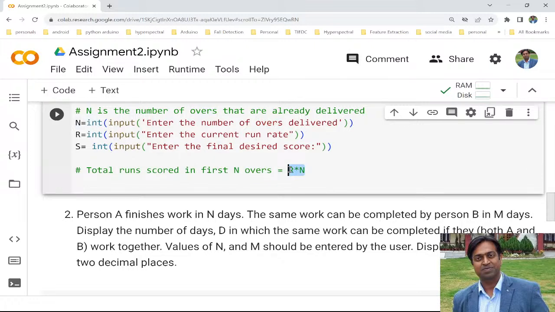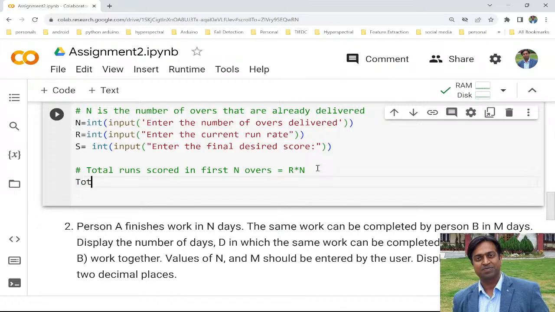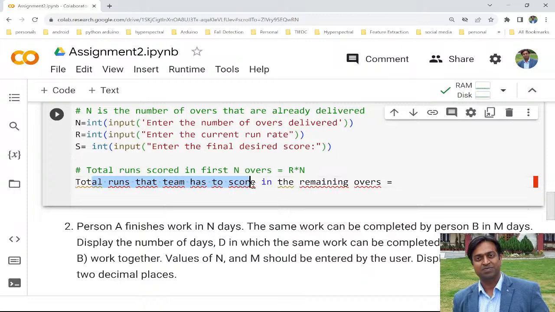Now once I get this, how many more runs does the team need to score? The total runs that the team has to score in the remaining overs is equal to, we will get this by s minus r into n.